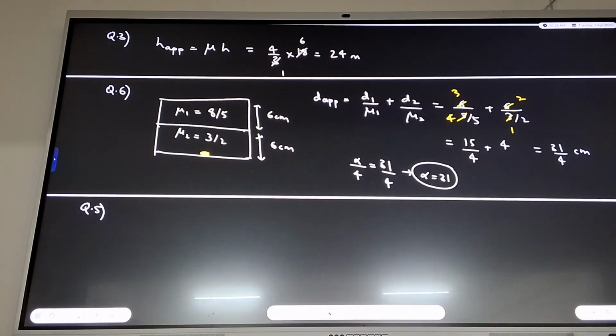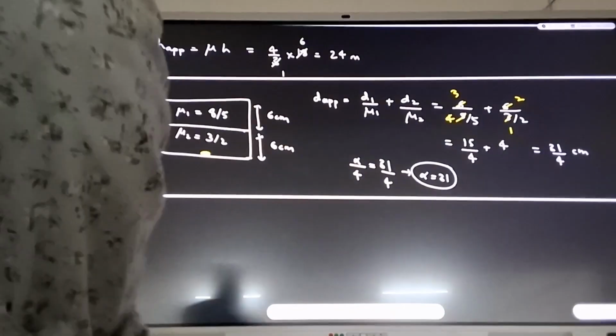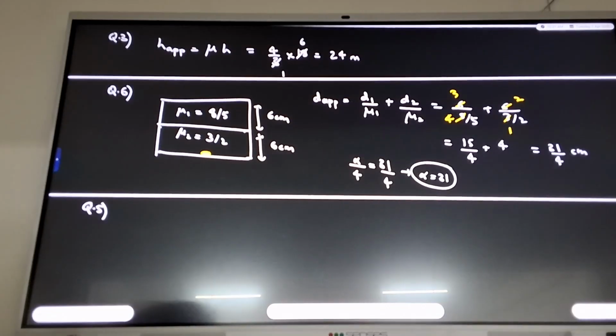Anybody done with question number 5? Option D. Option D. What is the question? Option D is incorrect. Very good.